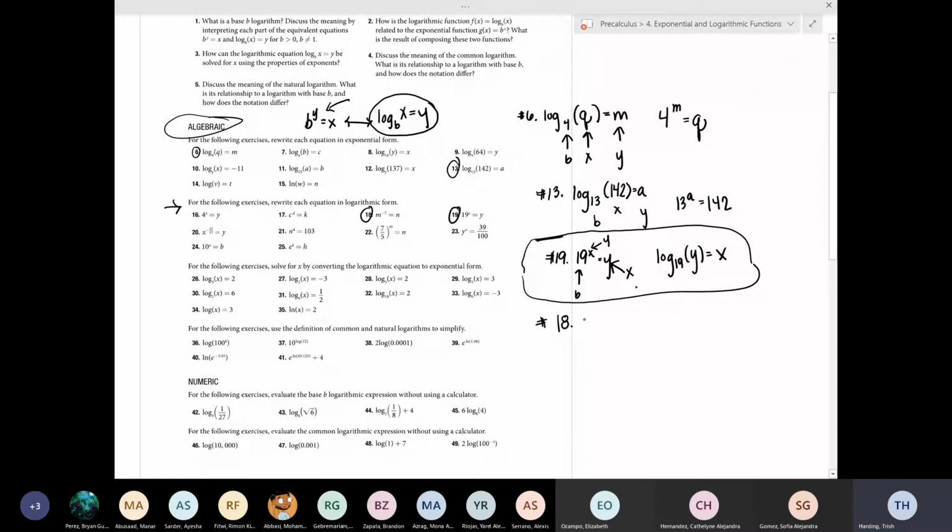Okay, number 18. We've got b, y, and x. So we're going to have log base m of n equals -7.